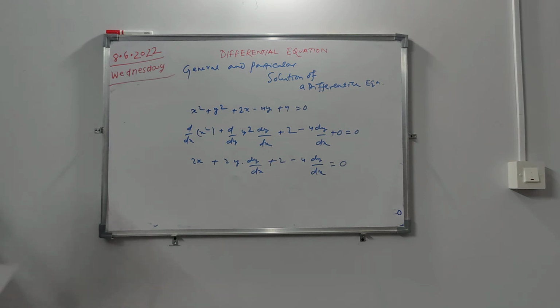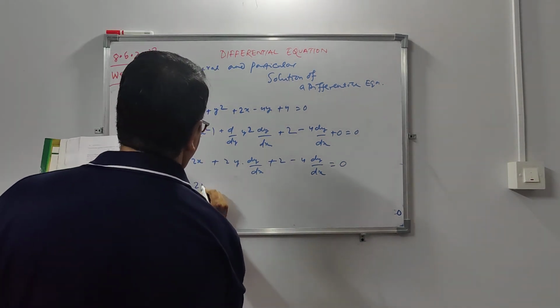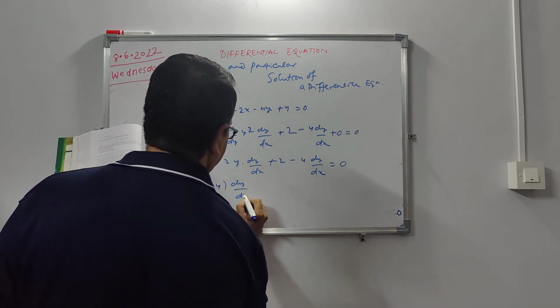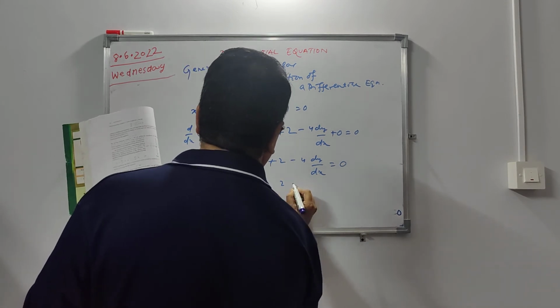Eventually, you have to find dy by dx. So you take that to RHS. You take (2y minus 4) into dy by dx is equal to minus 2 into (x plus 1).